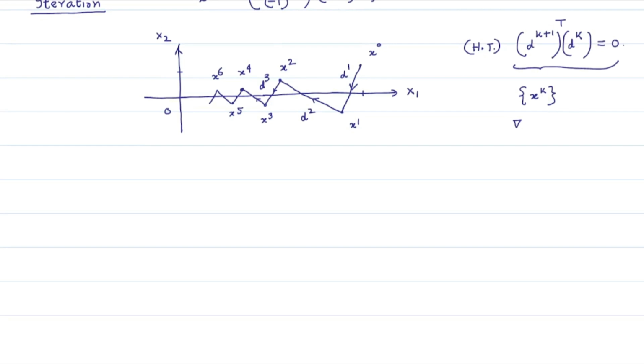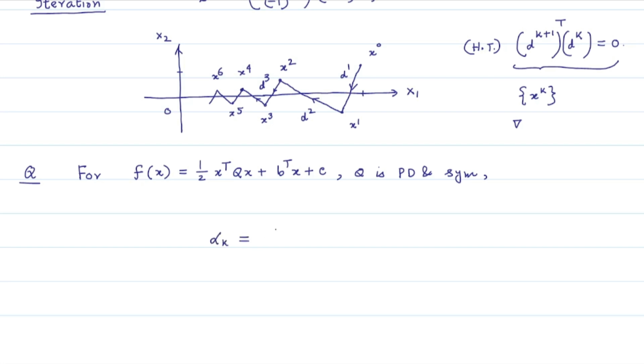variables. Before moving to the zigzagging phenomenon, let me give you a home task. For a quadratic function f(x) equal to half x transpose Qx plus b transpose x plus c, where Q is a positive definite symmetric matrix, please try to figure out the exact step length of the steepest descent method.